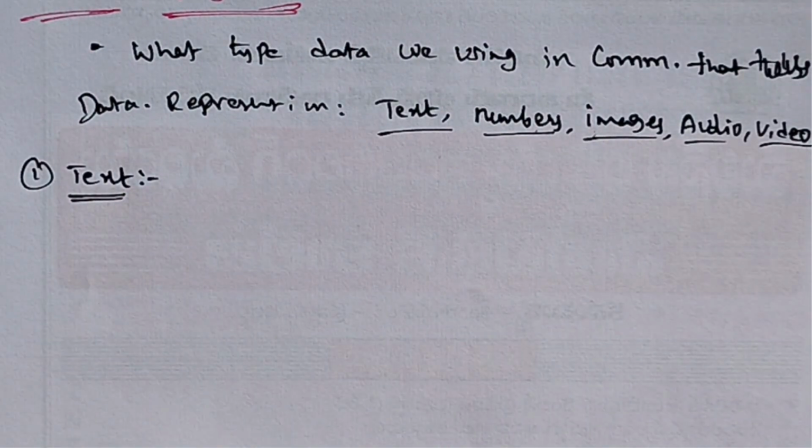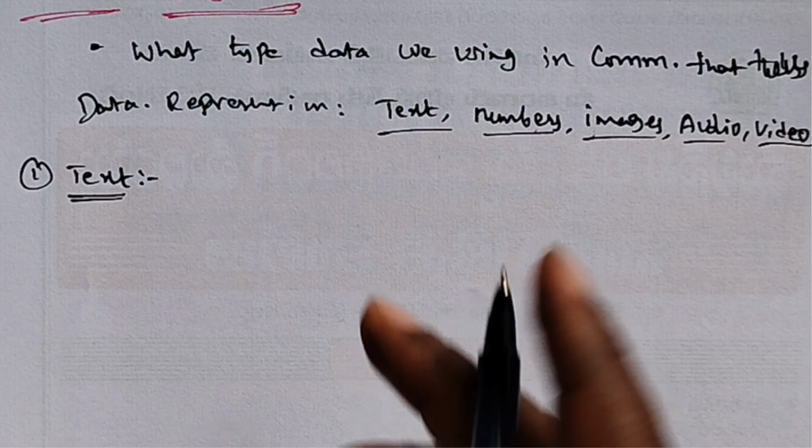In data communication, text is represented as a bit pattern, or we can also say a sequence of bits, that is nothing but zeros and ones.